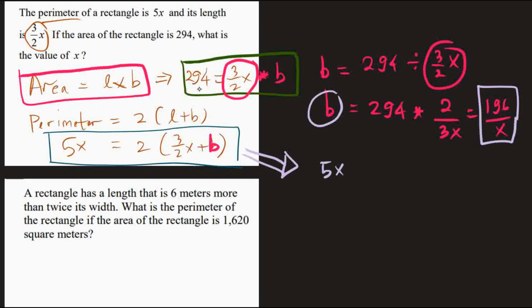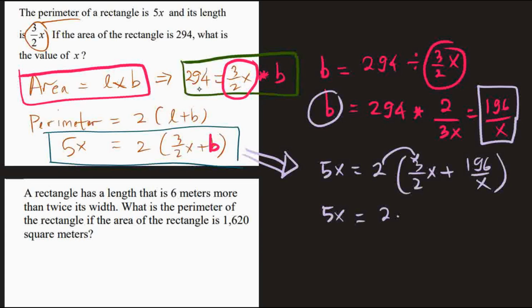5x is equal to 2 times 3 over 2x plus 196 over x. Now we have 5x equals to 2 times, we go one by one because to expand the bracket, 2 times 196 over x.